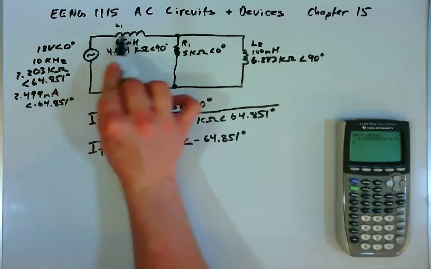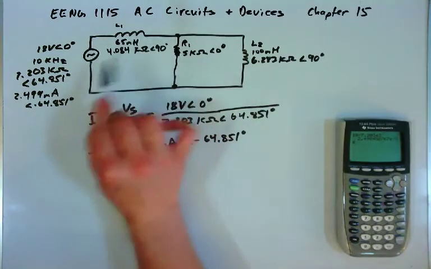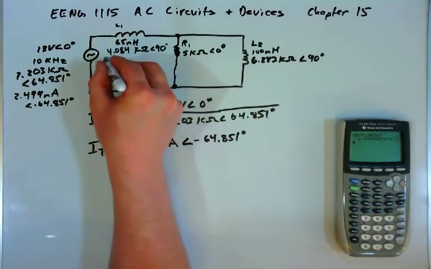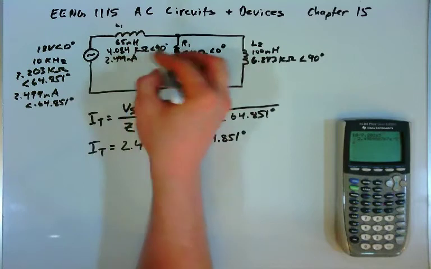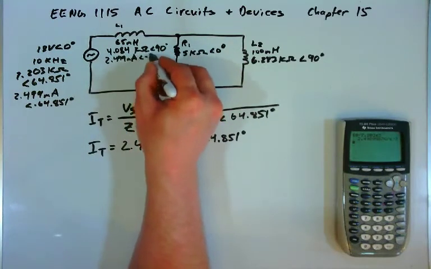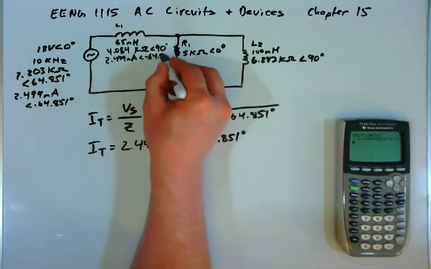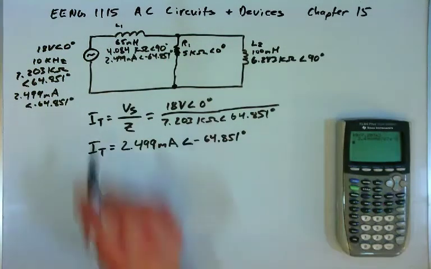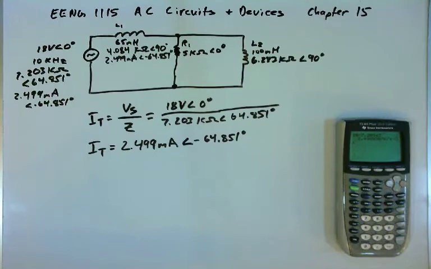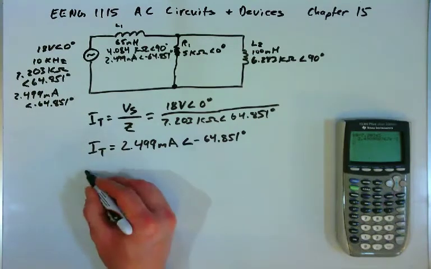Now the total current for the circuit is the same current that flows through L1. So we know the current here now, it's 2.499 milliamps at an angle of negative 64.851 degrees.